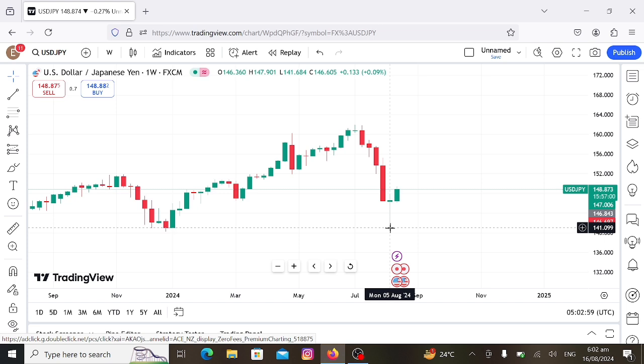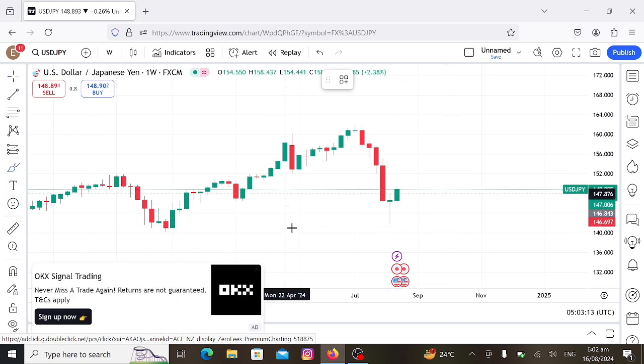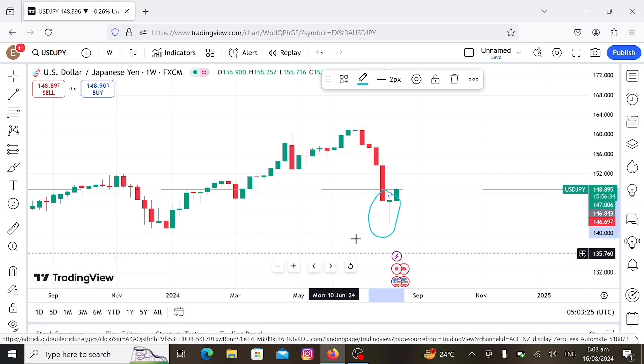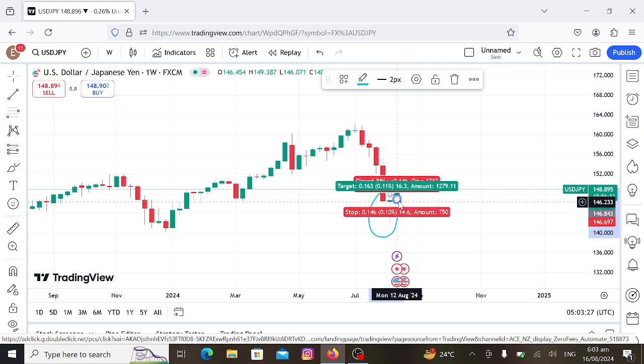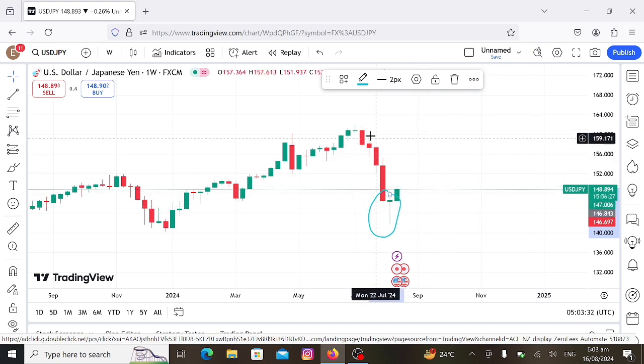That was last week, up to the day of this recording. It formed a bullish rejection. It's a hammer. And you see, immediately after this hammer, the market stopped going downward and went upward.